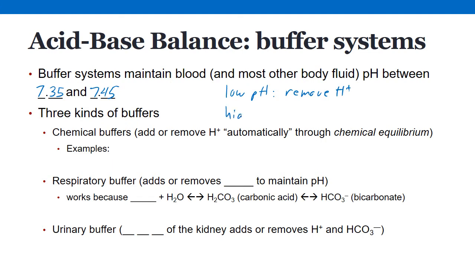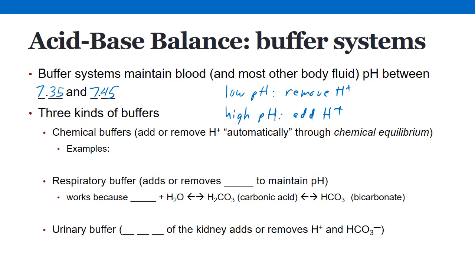When you have a very high pH, the buffer system will react by adding H plus to the system. And so we have three kinds of buffers in our body that work that way.